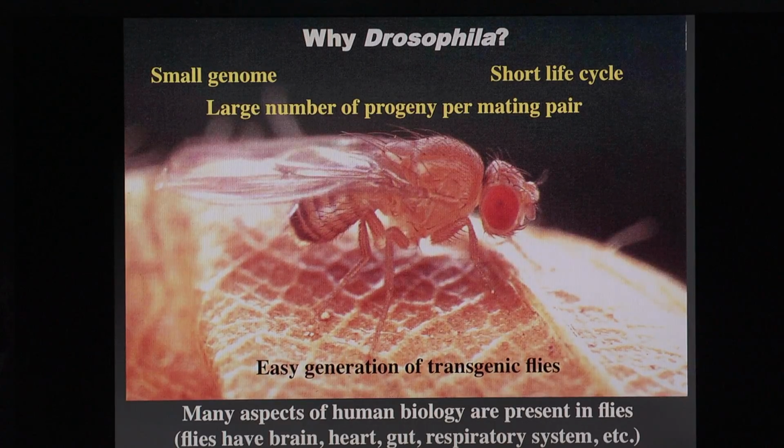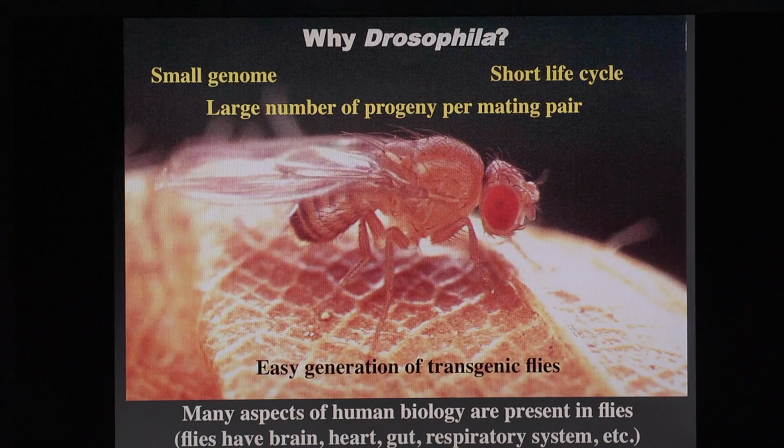Most people think that they don't have these things, but they have a brain, heart, gut, and respiratory system, and many of the behavioral traits that you see in humans, like aggression or drug addiction, alcohol addiction, or sleep disorders. They snore actually. Believe it or not, they snore. You can study all these things in flies. It's amazing. So these are some of the reasons why we work with flies.